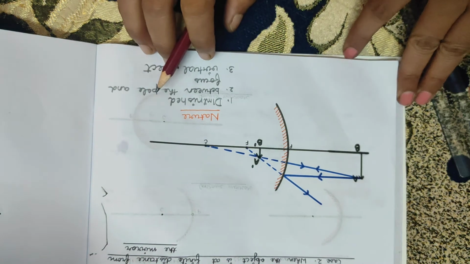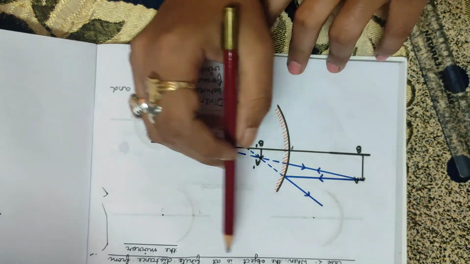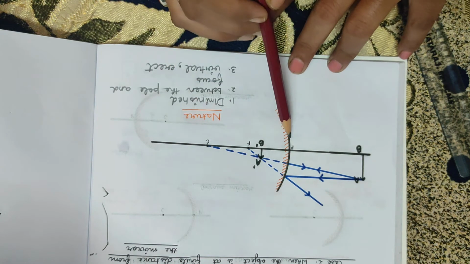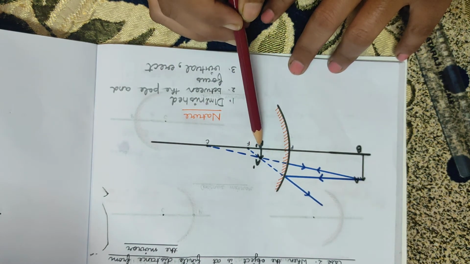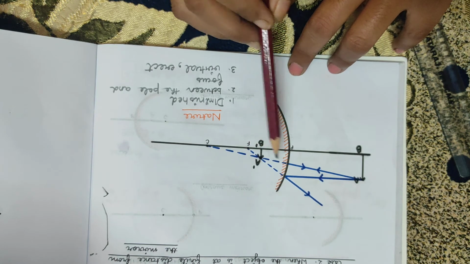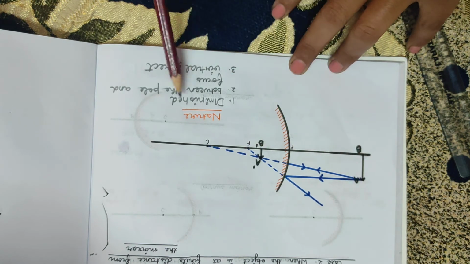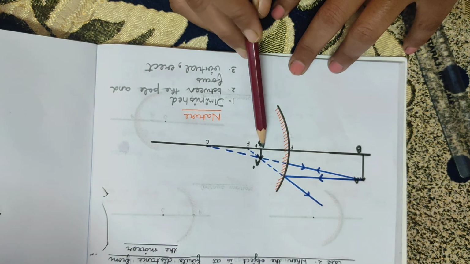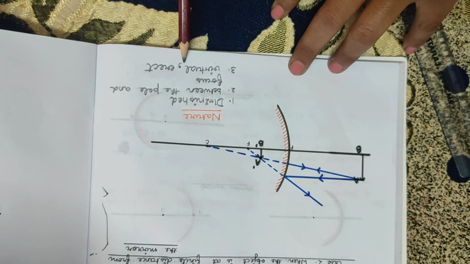So talking about when the object is at finite distance from the mirror, what will happen in case of convex mirror? We will get an image which is highly diminished, or smaller than the size of the object, and it is formed between the pole and the focus of the convex mirror, and this image is virtual and erect in nature.